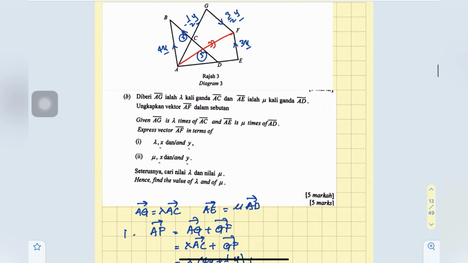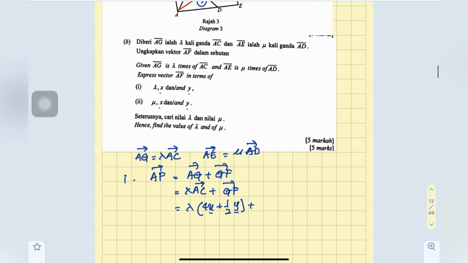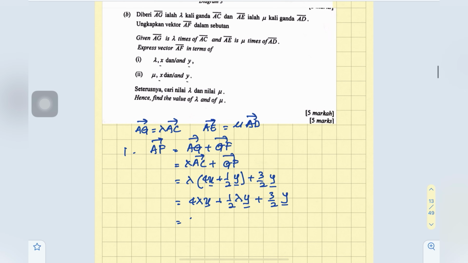Yang kita dah label tadi, GF is 3 over 2y. Okay, the rest kita simplify. So, kita dapat 4 lambda x plus 1 over 2 lambda y plus 3 over 2y.